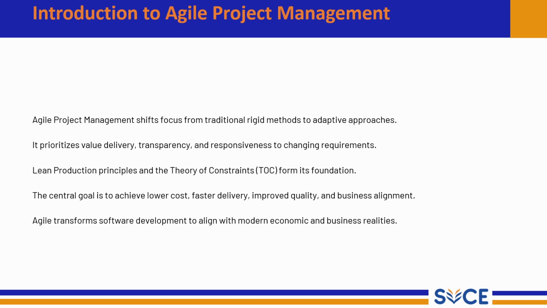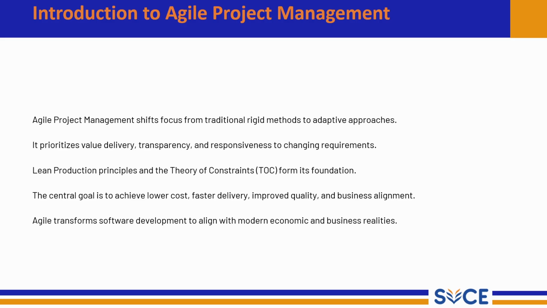The central goal is to achieve lower cost, faster delivery, improved quality, and business alignment. Agile is not just about speed. It aims to reduce development cost, deliver features faster, improve product quality, and ensure the project is always aligned with the business needs. This means Agile teams build what provides the highest business value first.